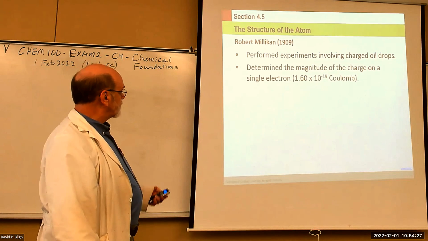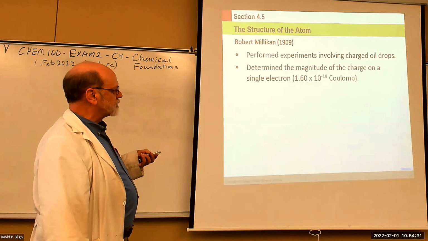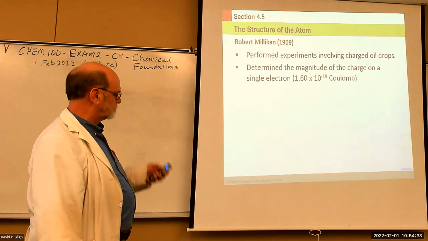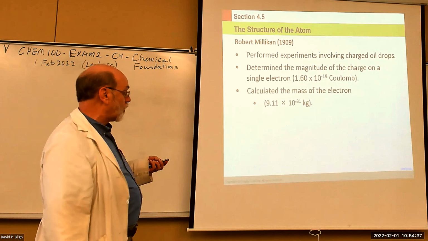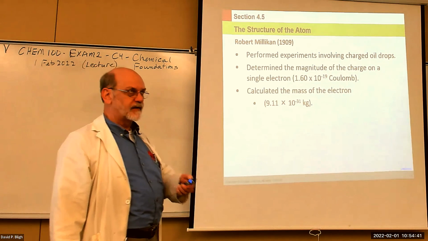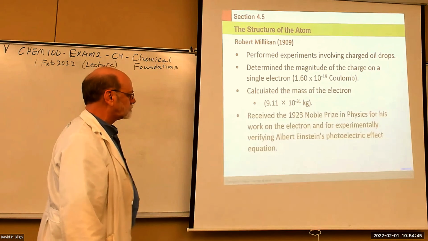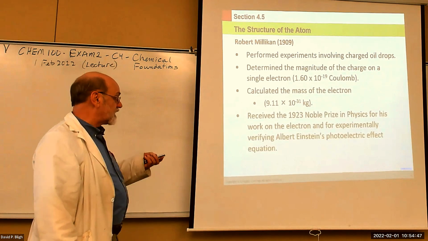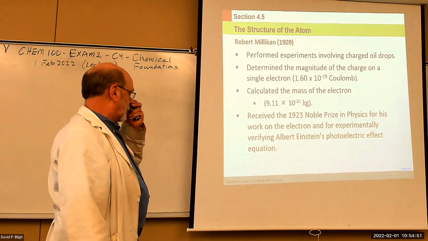So a single electron has this charge, and these are standardized units. It's a very, very small charge, and an even smaller mass, like 10 to the minus 31st kilograms. It's very, very small. And for this, he got the Nobel Prize in 1923.